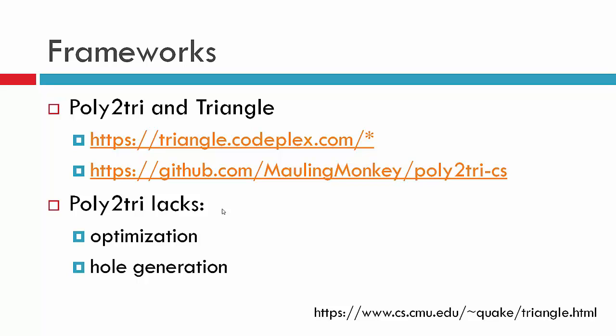Holes may connect, for instance, in Triangle.net, but connecting holes are not supported in poly2tri. So that is why I've chosen Triangle.net over poly2tri. The original Triangle implementation can be found here, in the link below.